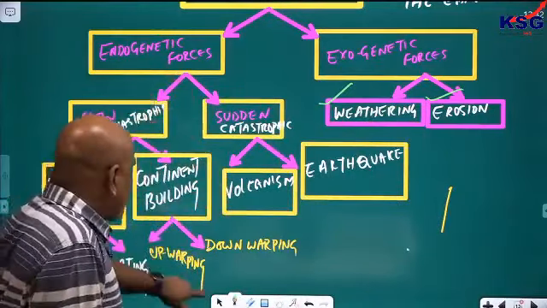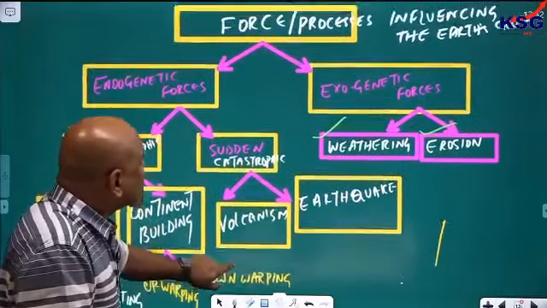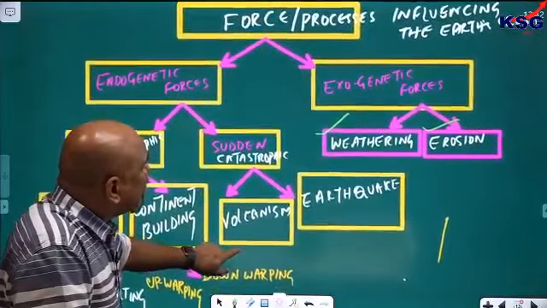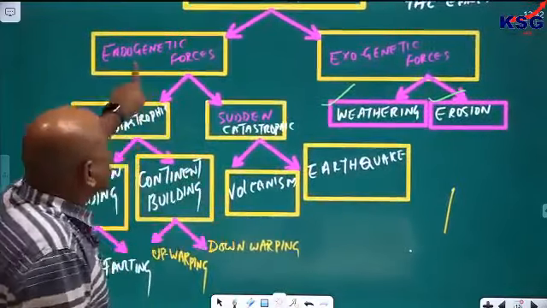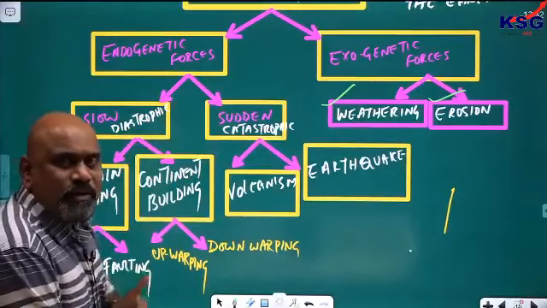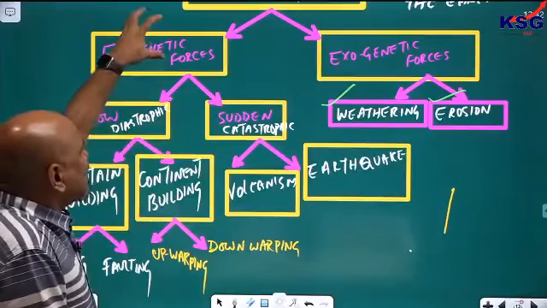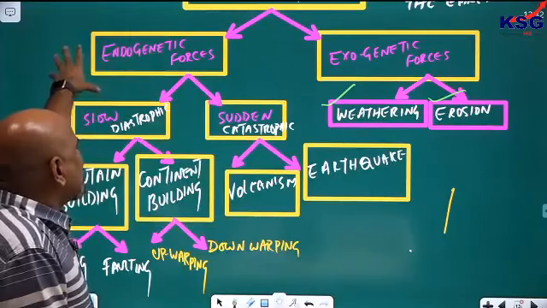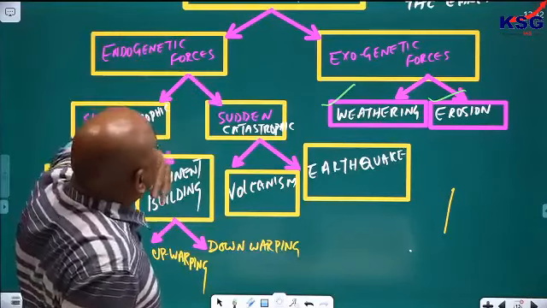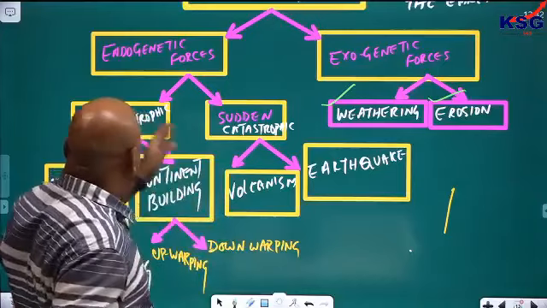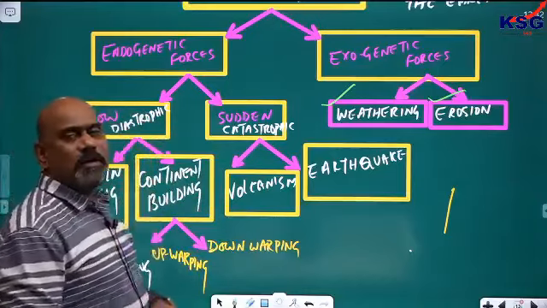So the forces responsible for crustal deformation of the earth's crust are endogenetic and exogenetic forces. Endogenetic forces originate from the earth's interior. Exogenetic forces are from the surface only. Endogenetic forces can be very slow or sudden.